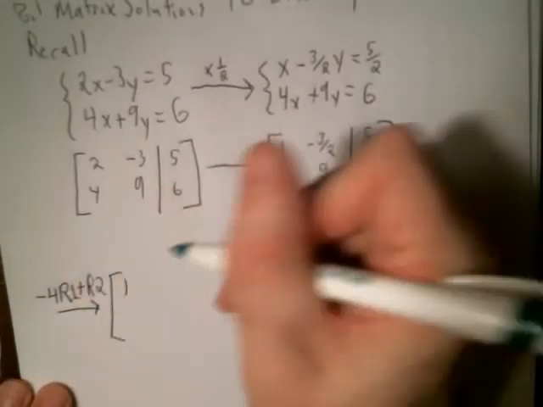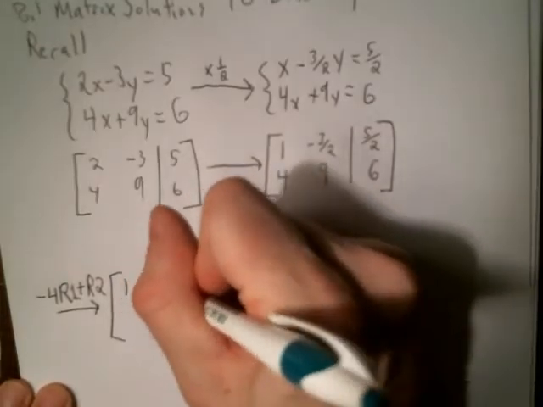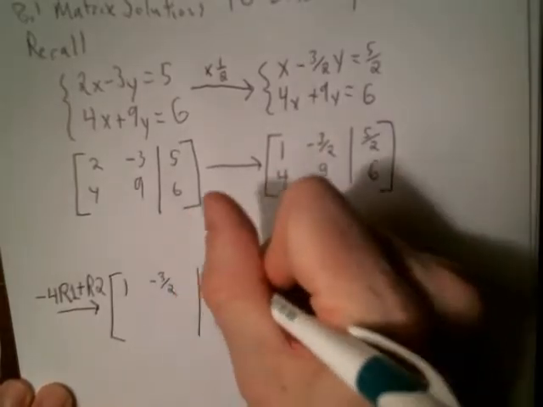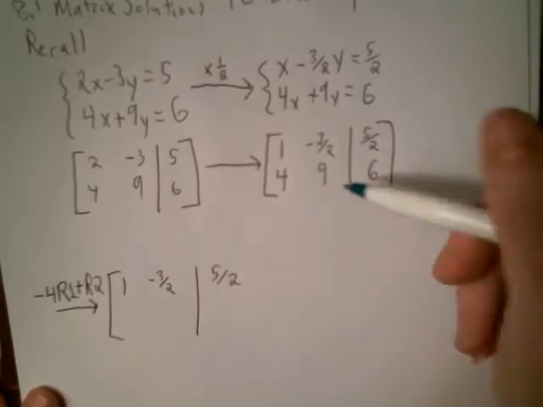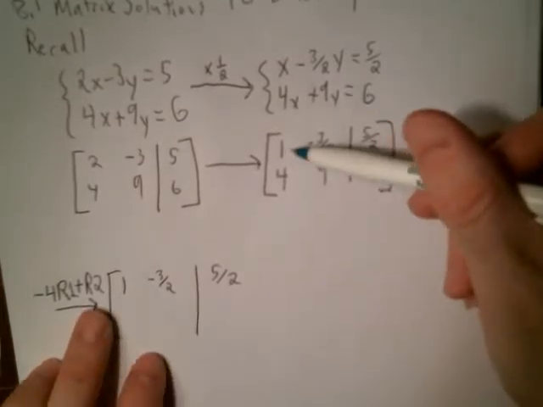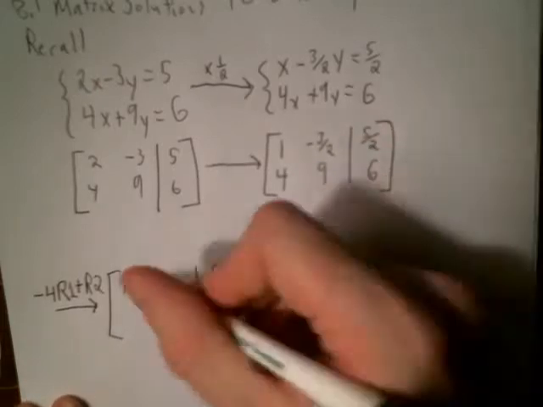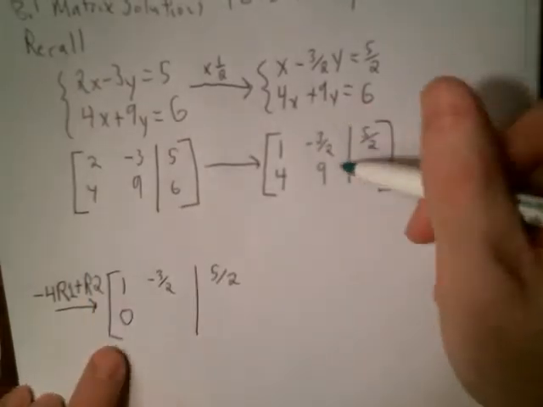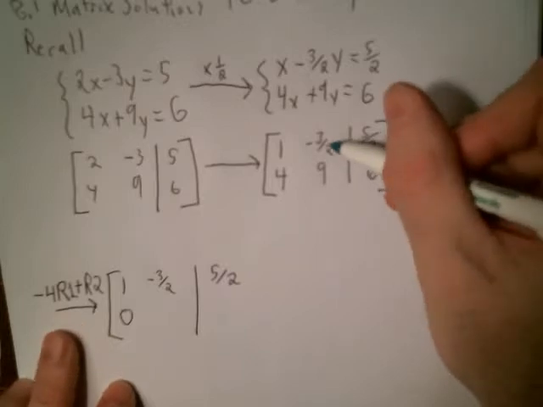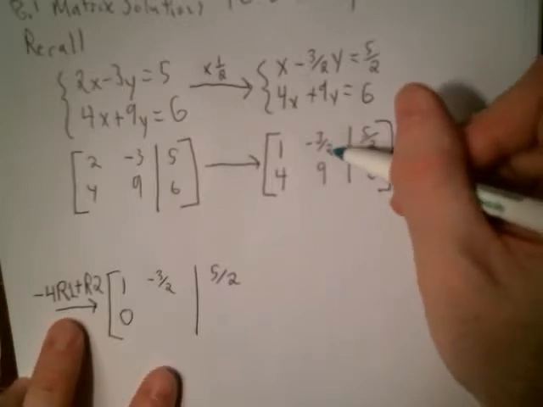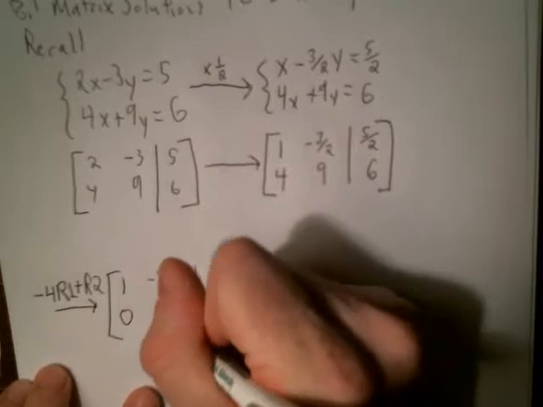Right, so the first row now will stay the same. And then the second row, I have negative 4 times 1. So negative 4 times 1 is negative 4. And then if I add it to 4, I'll get 0. Negative 4 times negative 3 halves, so that'll be positive 6.